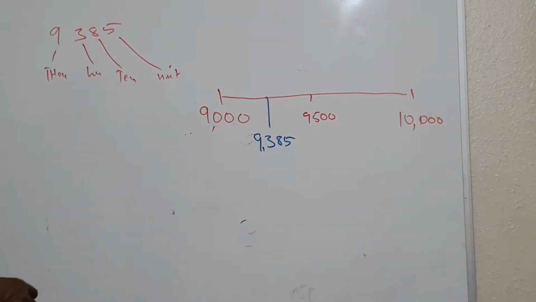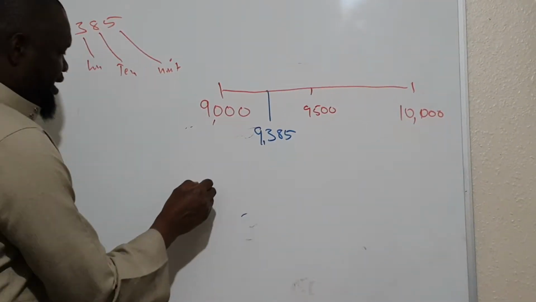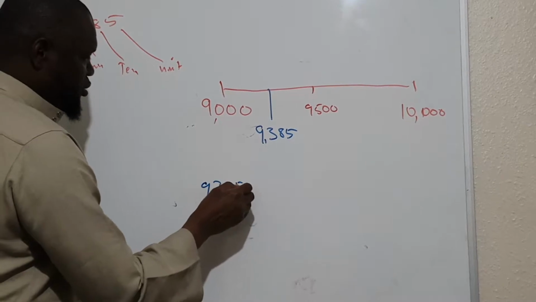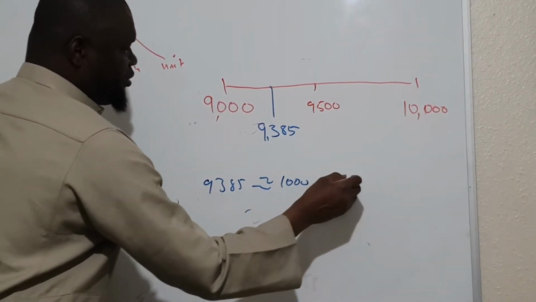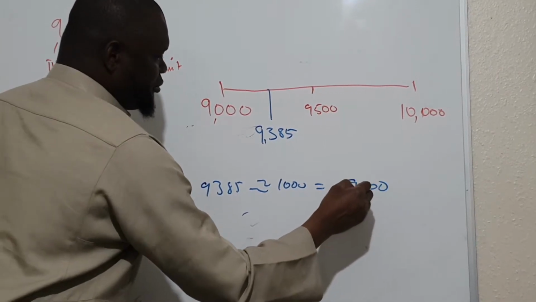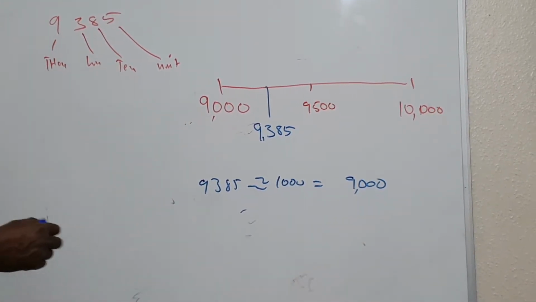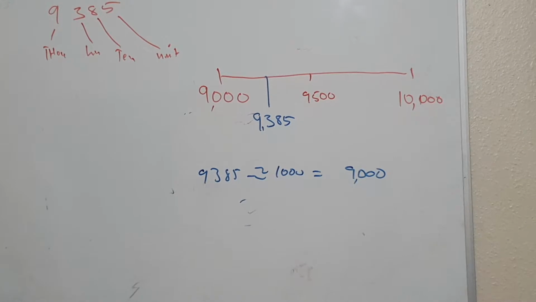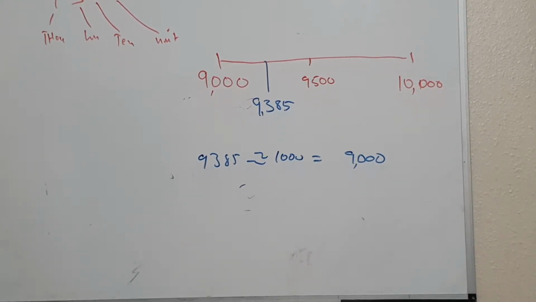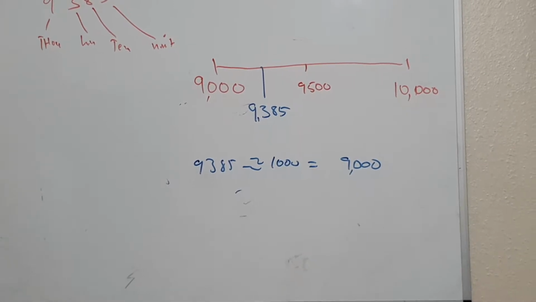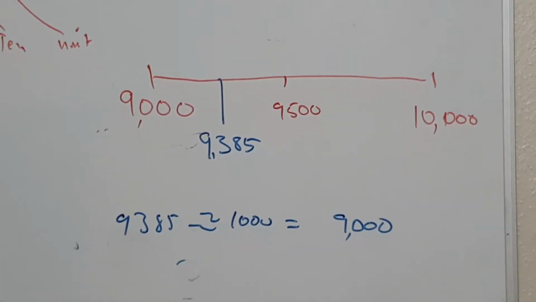So therefore, 9385 to the nearest 1,000 is equal to 9,000. So basically, rounding isn't something difficult. Rounding is easy.